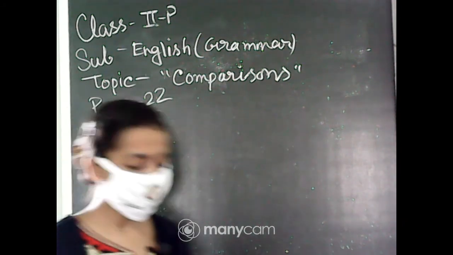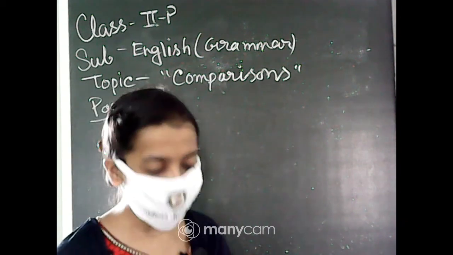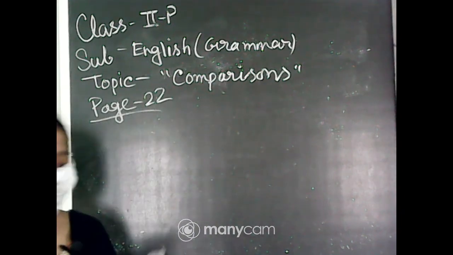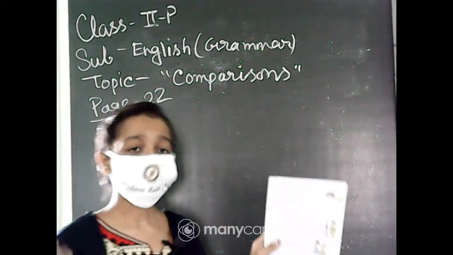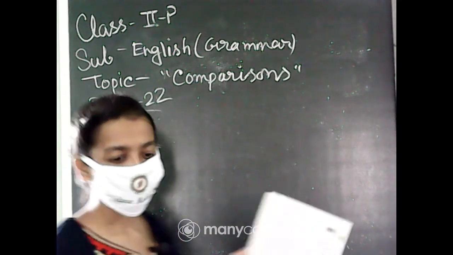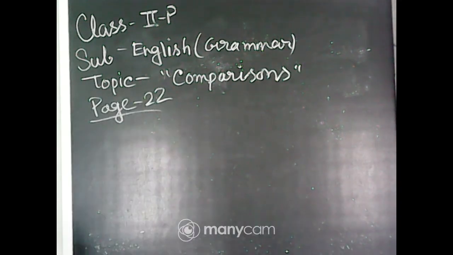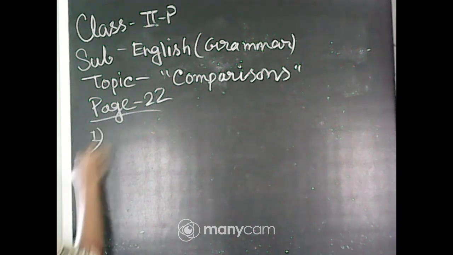Here we are told to tick the correct words in the brackets. So here you can see two options in the brackets. The correct option we need to tick. Let's do this. First one.